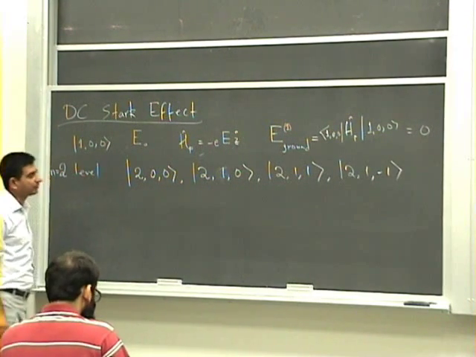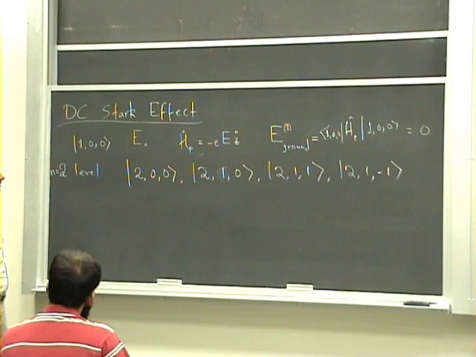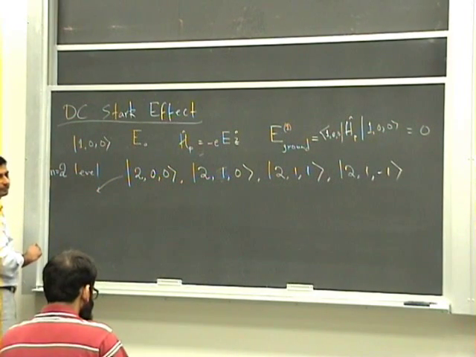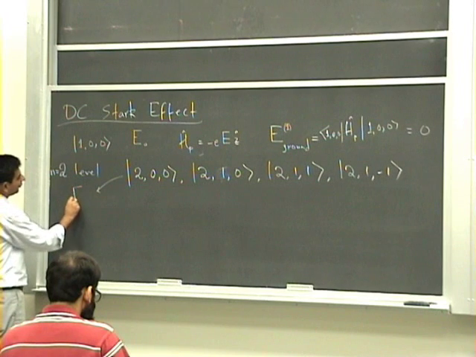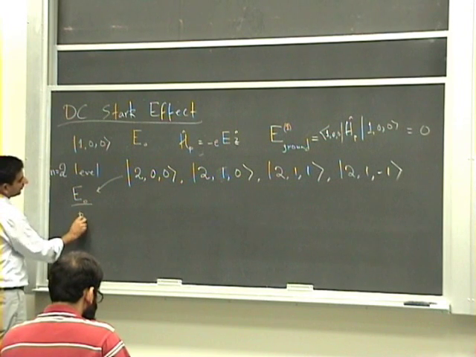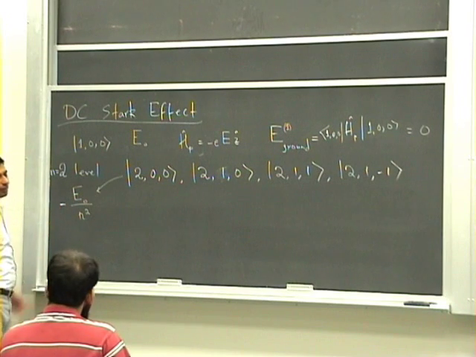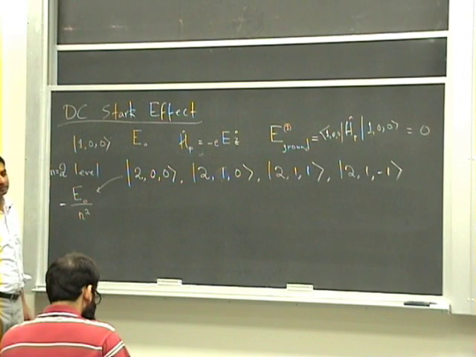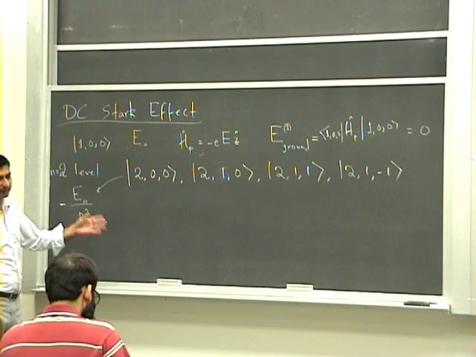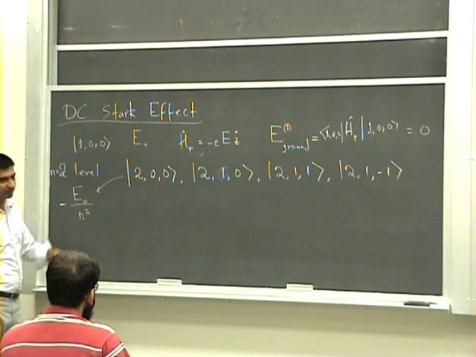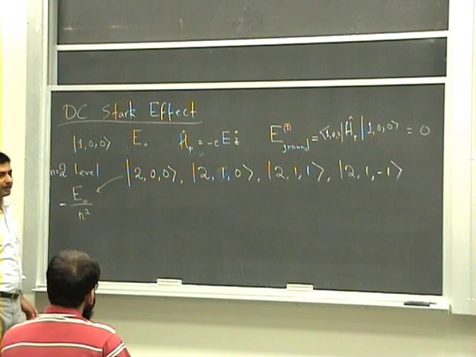All 4 of these orbitals have the same energy. That energy is minus E0 over n squared, where n is 2. All 4 of these energies are equal. So this is a degenerate set of states: different wave functions, but the same energy.